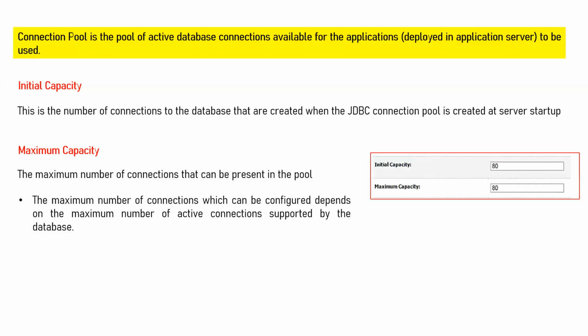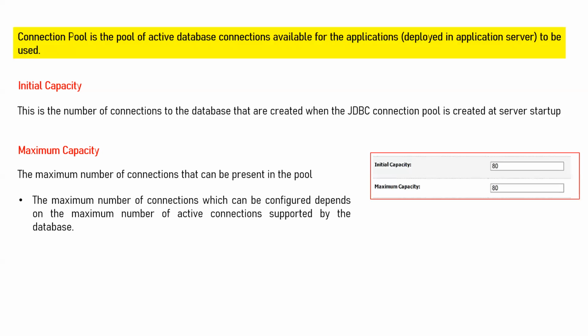If during the use of my application those 10 connections get occupied and my application needs more connections, it can create some more connections, but only up to the maximum capacity. If my maximum capacity is 50, that connection pool can create a maximum of 50 connections, and if any requests come beyond that, they will be rejected and you will see exceptions in your log file.